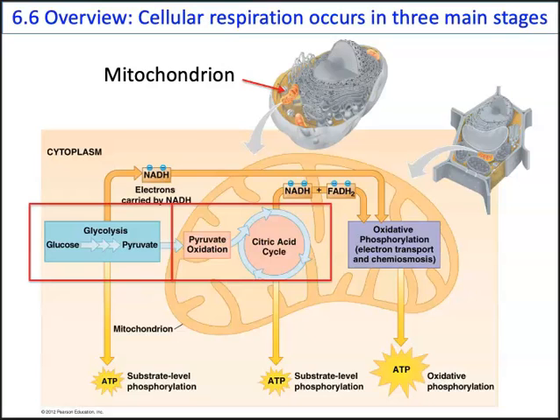So pyruvate loses some electrons and is converted into a different molecule, which we'll talk about later, and that molecule enters the citric acid cycle and is completely oxidized down to carbon dioxide. And we're getting a little bit of ATP in each of these steps, but not too much. And then finally, our third step, oxidative phosphorylation, is also taking place in the mitochondria, and this is where we produce the most ATP, this third step.